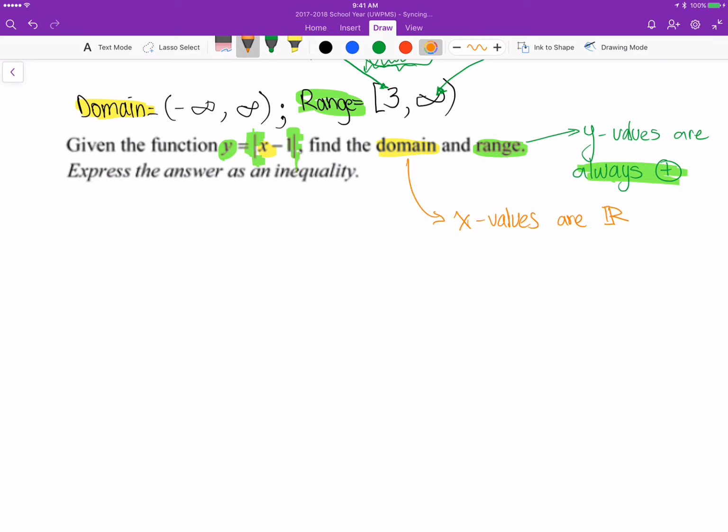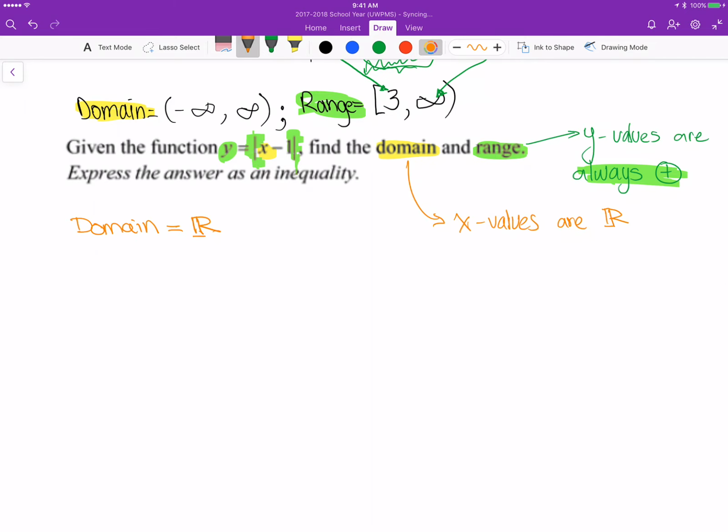So I'm going to show you 3 mathematical ways to express this. Let's start with this. The domain equals all real numbers. That's option 1.